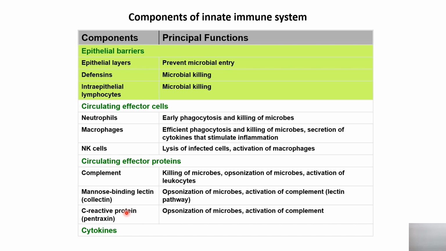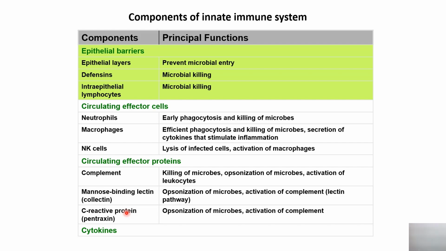So we are seeing the epithelial layers, defensins, and their function: microbial killing, preventing microbial entry. Among the circulating effectors, neutrophils do early phagocytosis and killing of microbes. Macrophages do efficient phagocytosis and killing of microbes, and secretion of cytokines that stimulate inflammation.